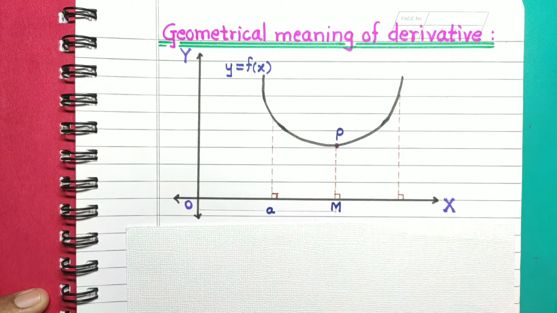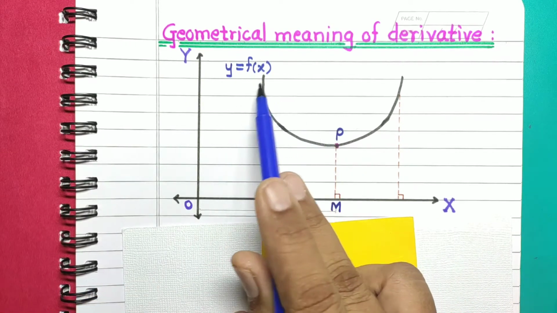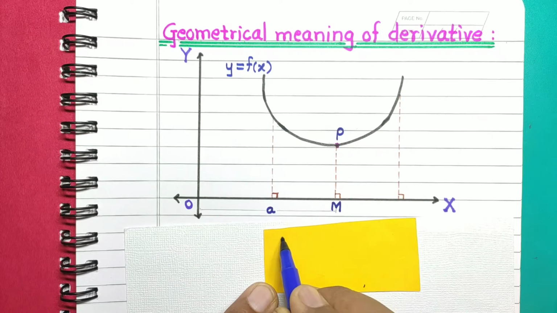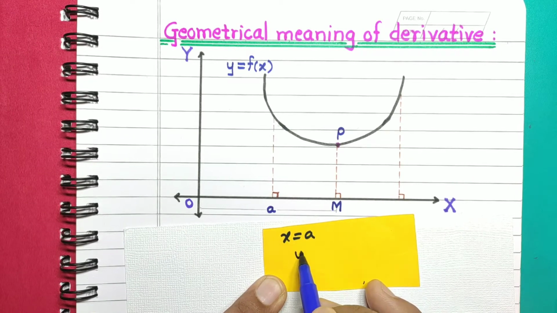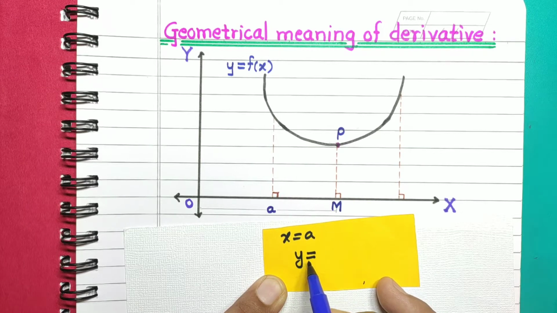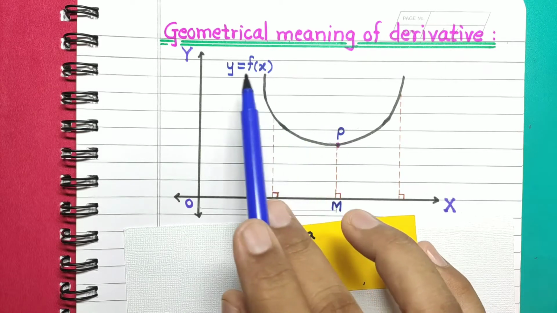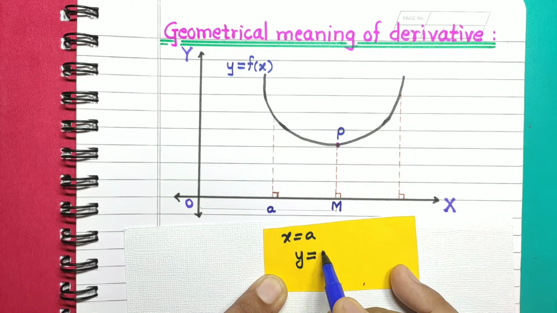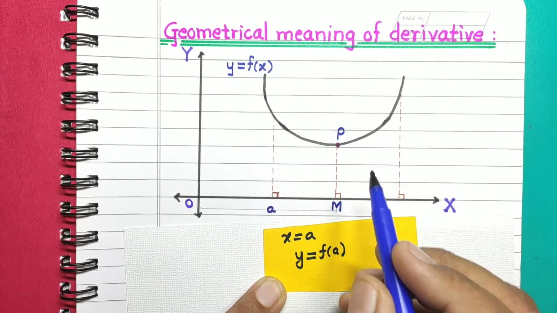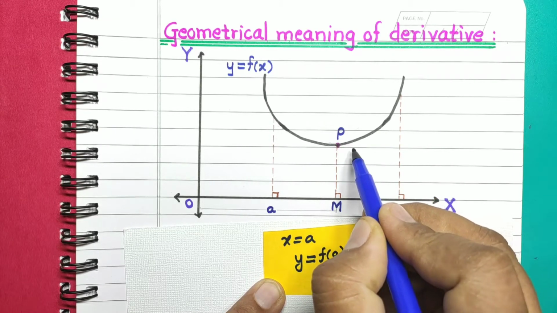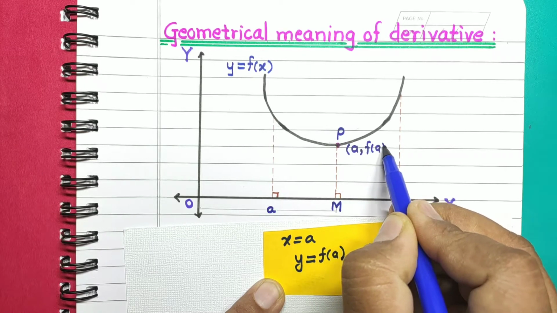Okay, so this point P lies on the curve y is equal to f of x. Its x coordinate is a, and therefore its y coordinate is given by substituting this x coordinate in the equation. So we have y is equal to f of a, and therefore coordinates of this point P are a comma f of a.